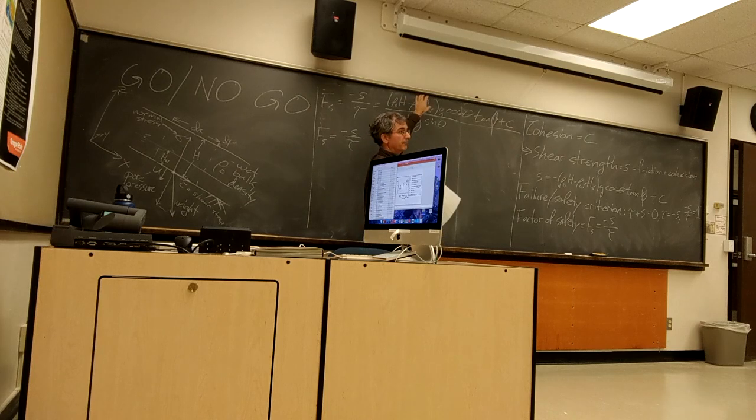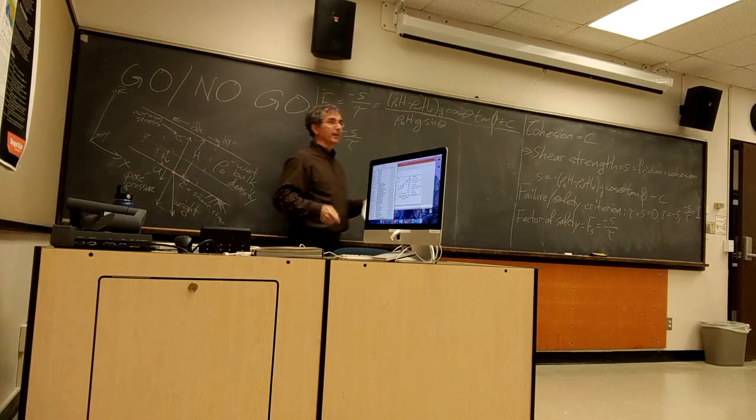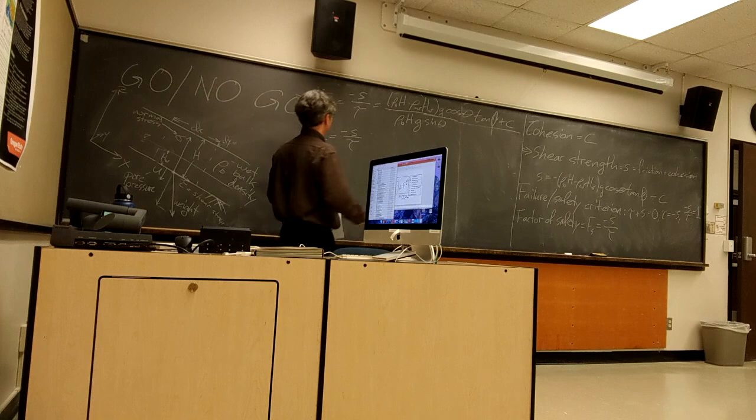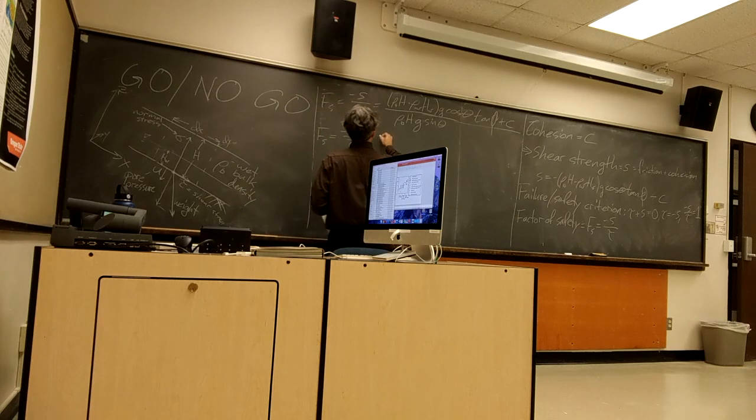The friction over this shear stress simplifies quite a bit because I've got lots of common factors. I've got my rho b and h, my g's, my sine theta, cosine theta becomes cosine theta over sine theta becomes a 1 over tan theta. So that part actually simplifies out kind of neatly, like so.